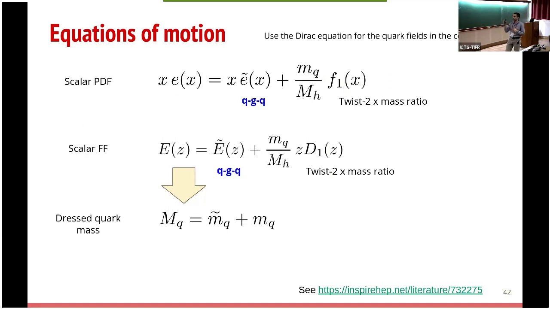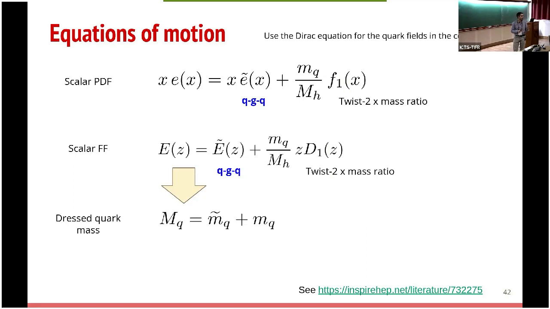So you have three kinds of relations. For F1, the integral is related to the vector charge, which is related to the number of valence quarks that you have in the nucleon. For the transversity PDF, you have the tensor charge. And for the E PDF, you have this kind of scalar charge, which is related to the quark content of the nucleon mass.